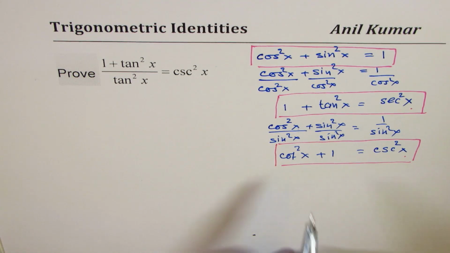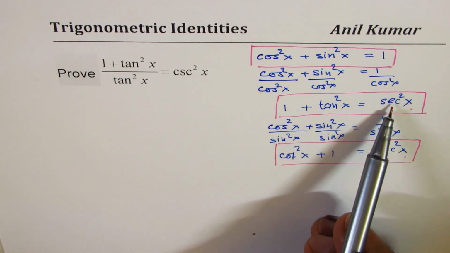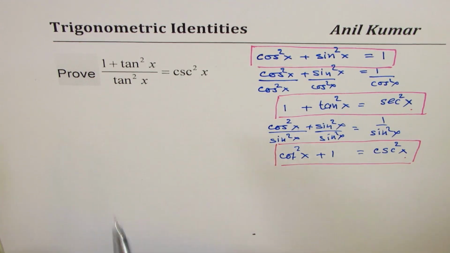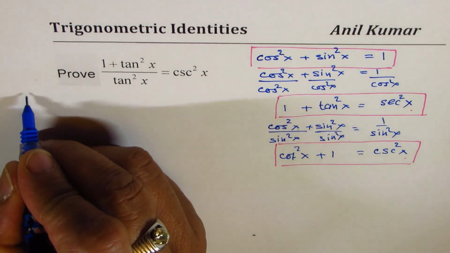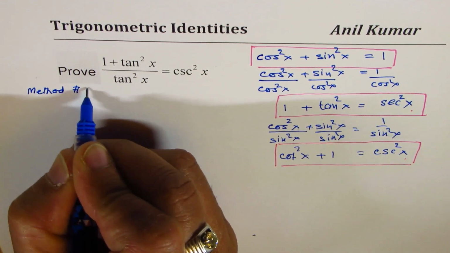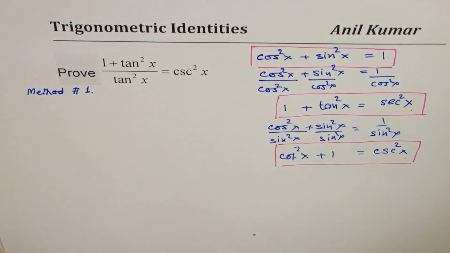Now as you can see here, 1 plus tan square x is secant square x. So we could apply this identity and solve. One of our methods to solve this could be, let's call it method 1: 1 plus tan square x over tan square x.